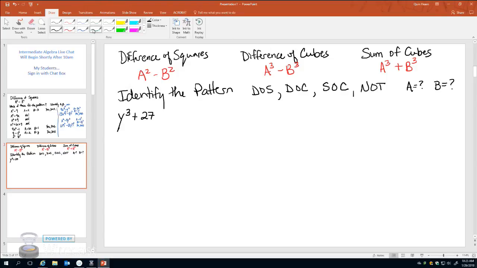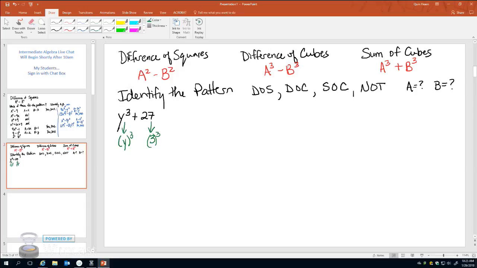The way that we determine if it fits the sum of cubes is, can we think of each of these terms as something to the third power? In this case, we know y is being raised to the third power in the first term, so we're good there. But what about 27? Can 27 be thought of as something to the third power? Yes, it is 3 to the third power. 3 times 3 is 9, times 3 is 27.